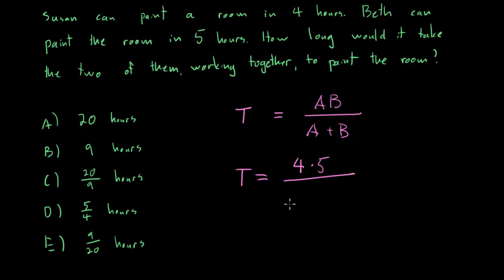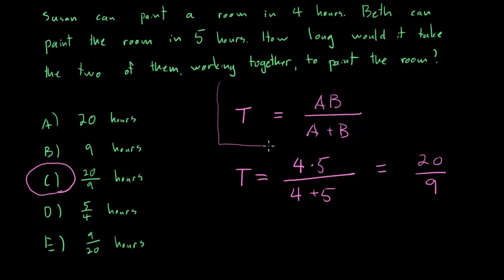So we've got 4 times 5 over 4 plus 5 equals 20 over 9. For this question, that leads to answer choice C. So you can see that this particular question we could solve in really just a few seconds with that nice shortcut formula, which we will call combined work option number 2.